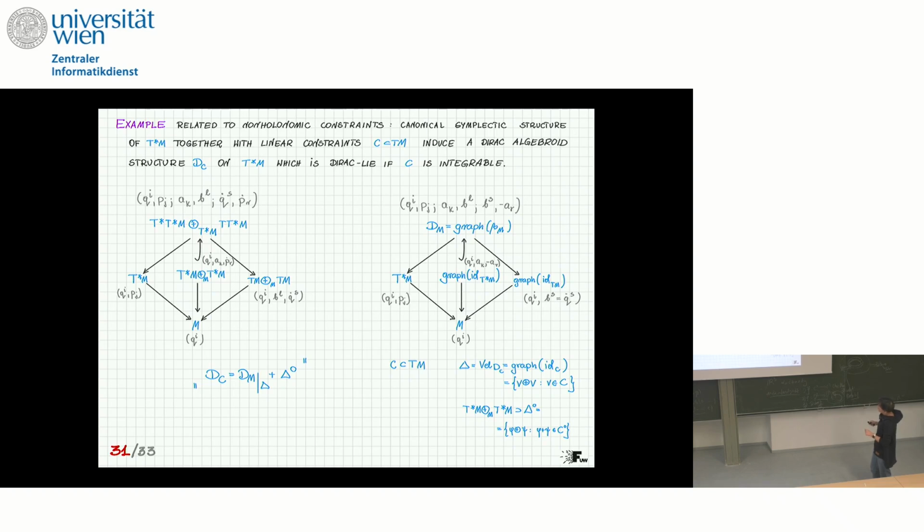Then I have a proper dimension, and this is still a linear subbundle, a double vector subbundle, and then I have a really Dirac structure, restricted to the constraints, and with the possibility that those vertical directions are those forces that come from the constraints.